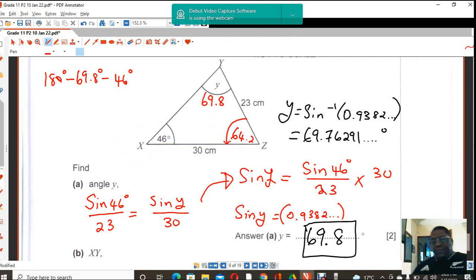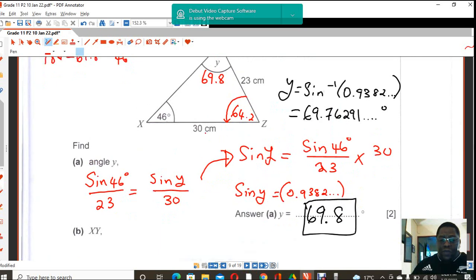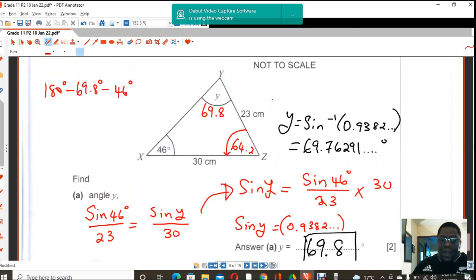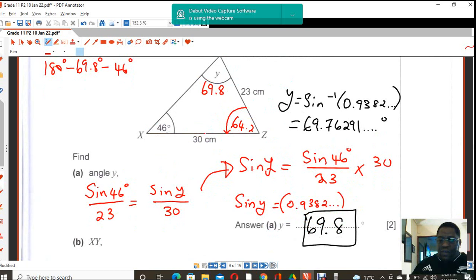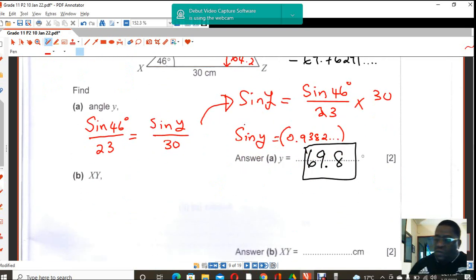Very useful, and you will see in a bit why. Because now they ask us to find xy. Again, we can use the sine rule because we have a complete pair here. I can use the 46 and the 23. Okay, so I'm looking for a side, so I'm going to put the side on top. So I'm going to say 23 over the sine of 46.